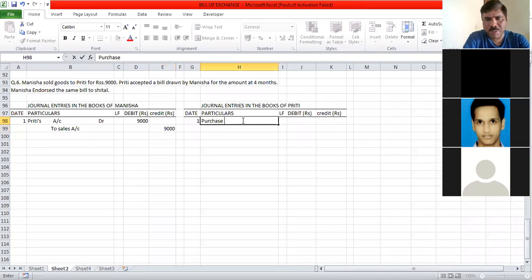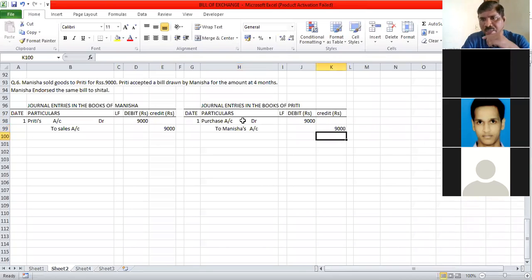Why is purchase debited? Expenses, sir. Purchase is an expense. So Manisha's account credit. Why is Manisha credited? Debit the receiver, credit the giver. Therefore, she is the giver of the goods. Others mute yourself.